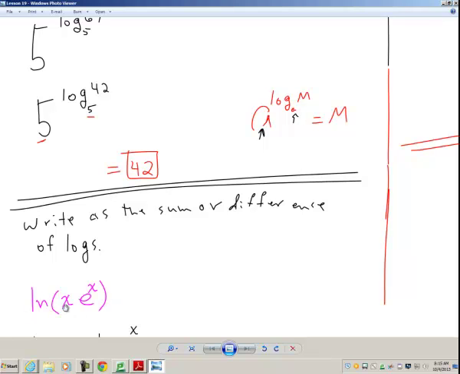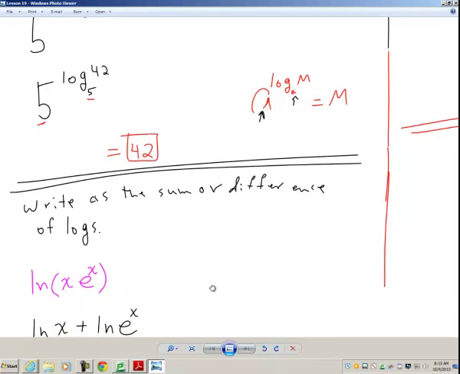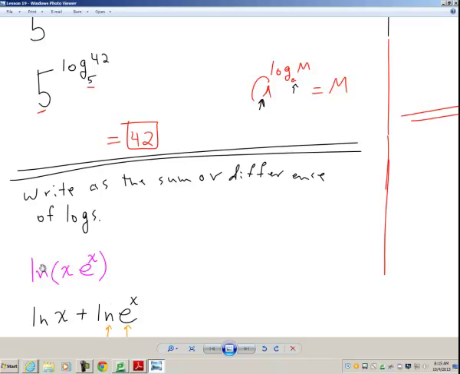Okay, natural log of x times e to the x. Okay, so we want to expand that, right? Since these two are multiplying, what are we going to do to expand it? Yeah, you're going to add it, right? So this is natural log x plus natural log e to the x power. Well, can we simplify natural log e?